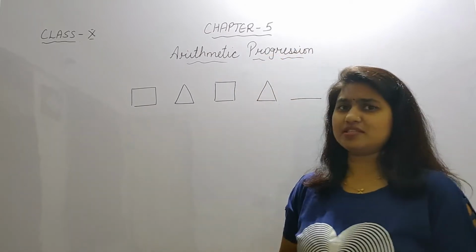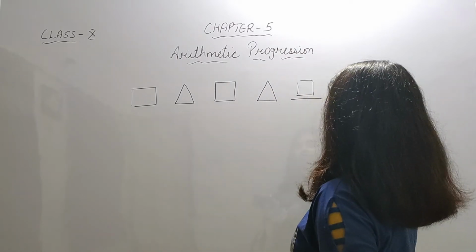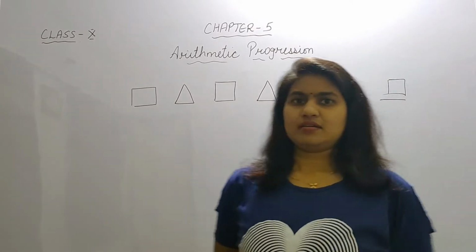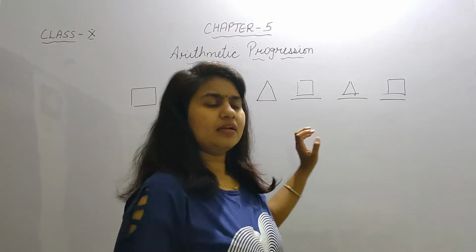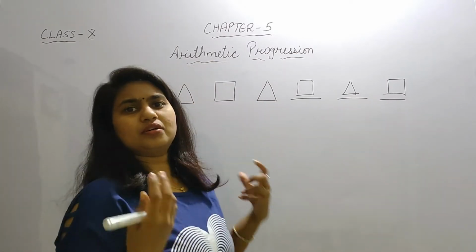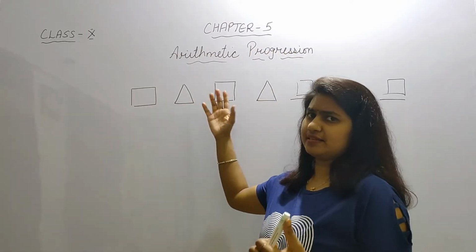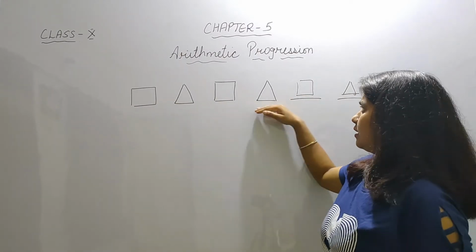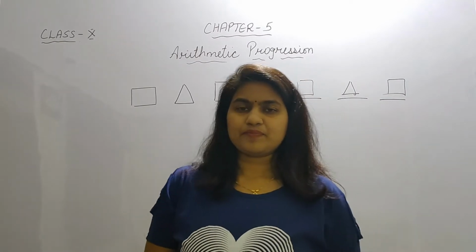You can easily complete this pattern like square, triangle and square. Here you used your logic: if it is square and then triangle then square, this pattern will continue like this. So this seems very easy.